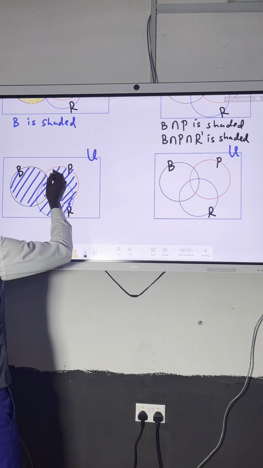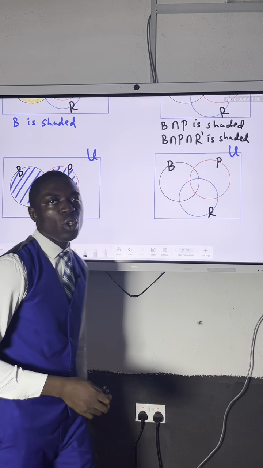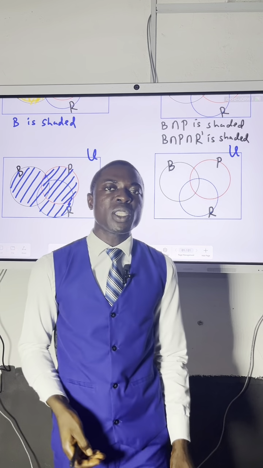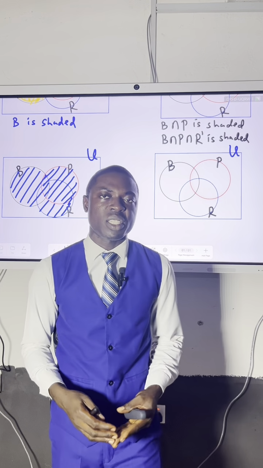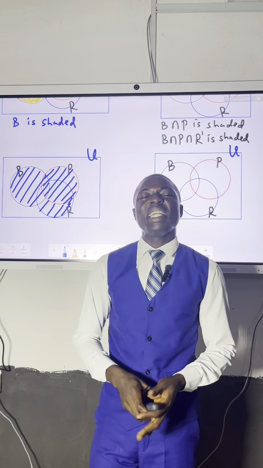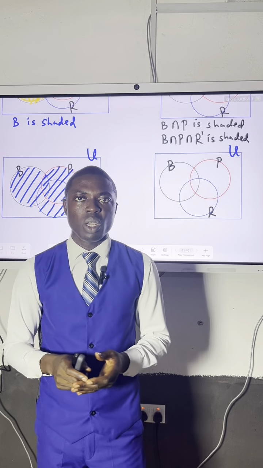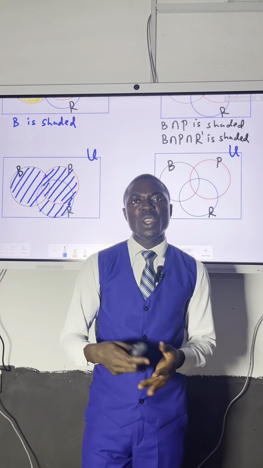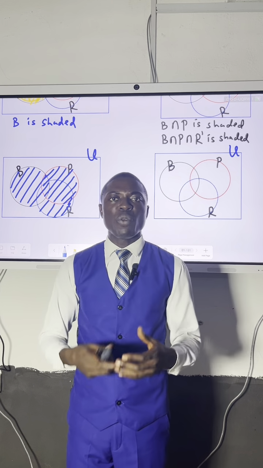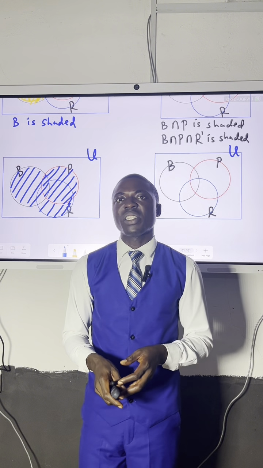The rectangle represents the universal set. Universal set means the largest possible set you are talking about at the moment. If you are talking about all the students in your school, that may be an example of a universal set. The other sets will be formed from it.